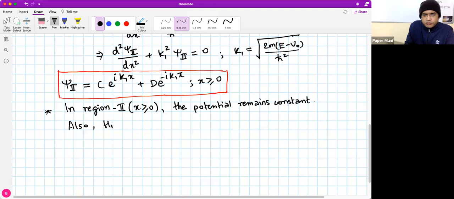So in this case also, the incident beam is from left to right.